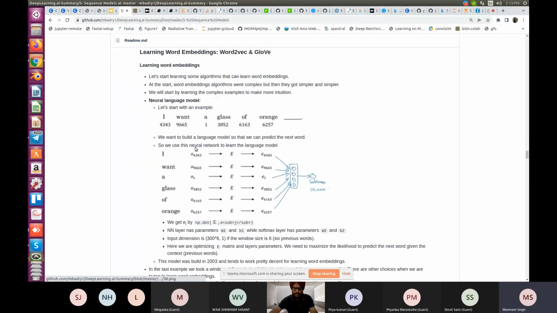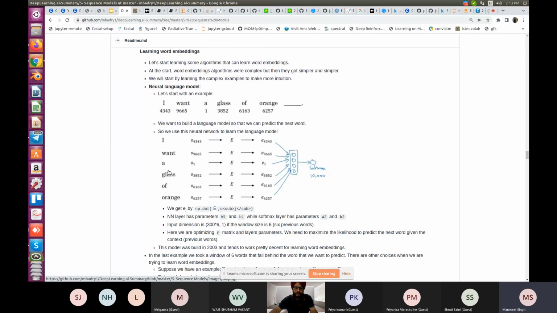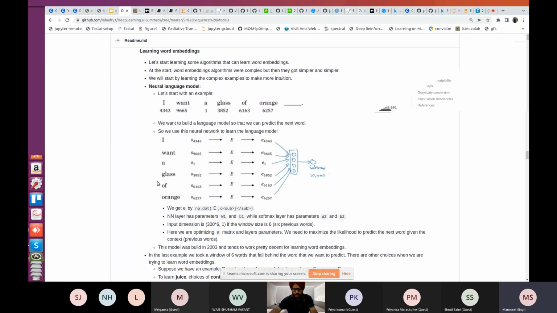After doing the dot product of O and E, you get a vector of size 300. So you have 6 inputs, I want a glass of orange, and this is your window size, which is 6.